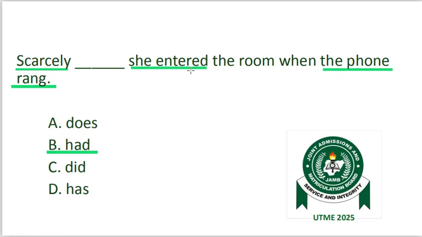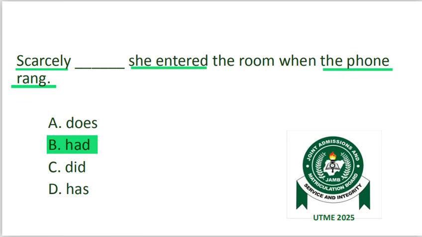In as much as it occurred before the second one, the past perfect tense is used. She had entered the room before the phone rang. That means had is still our correct option. Scarcely had she entered the room when the phone rang.